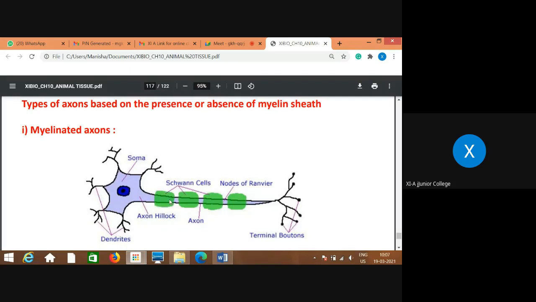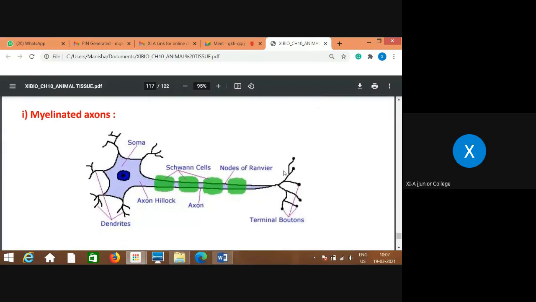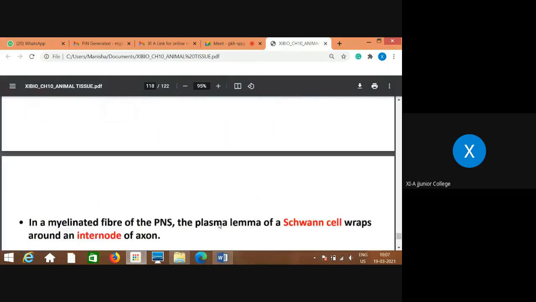You can see that the axon is covered by the myelin sheath; these are called myelinated axons, and these are the Schwann cells. The gap between two neighboring Schwann cells is called the node of Ranvier, and these are the terminal buttons or knobs which I explained in the previous diagram.